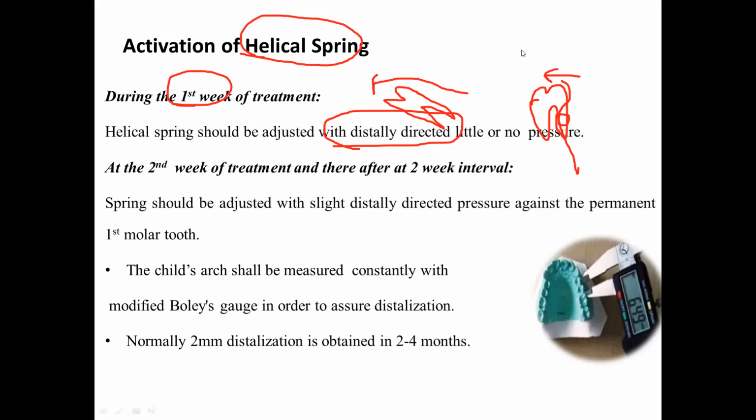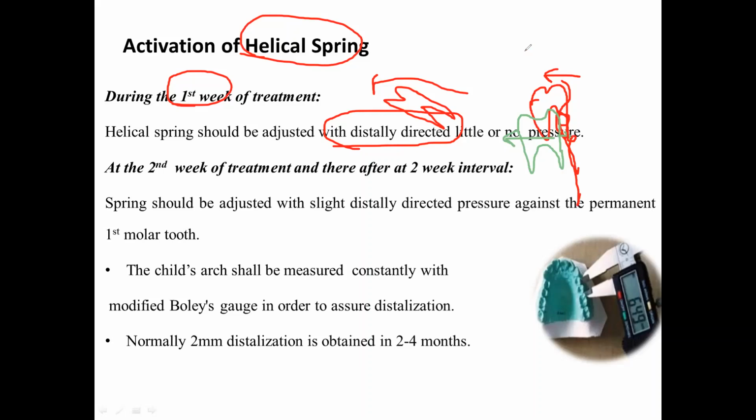When the patient came to us after some time, this tooth is directed a little distally. You see here, just take this example. The tooth, can you see it was earlier here? Now the tooth is distalized a little. So once the tooth is distalized, it means you need to activate the appliance again, because now the appliance is away from the tooth. Again, you see here, the appliance is over here. It's not applying any pressure over the tooth.